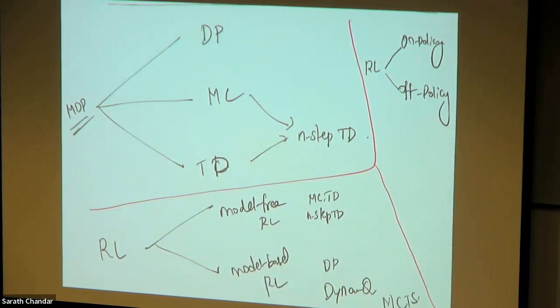In the case of on-policy methods, there is no difference between the behavior policy and the target policy. But in the case of off-policy methods, it is a bit more flexible, in the sense you can have any general behavior policy while you learn about a particular target policy.